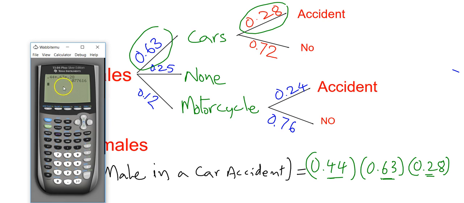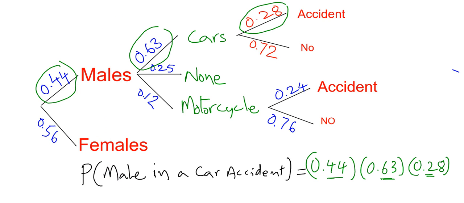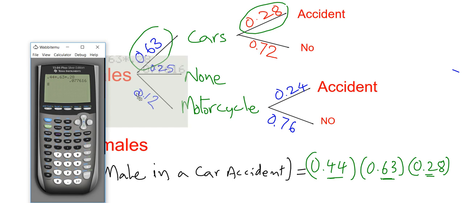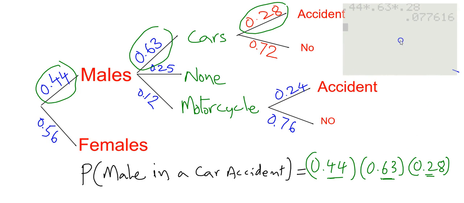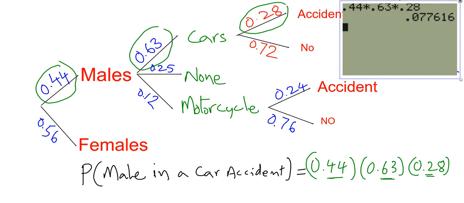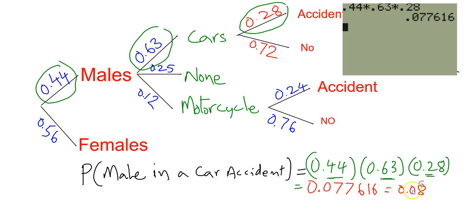That gives me 0.077616, etc. So when I round it up, it will become 0.08.